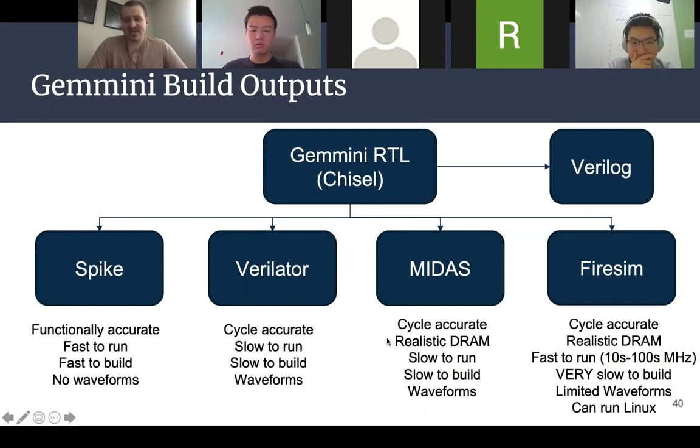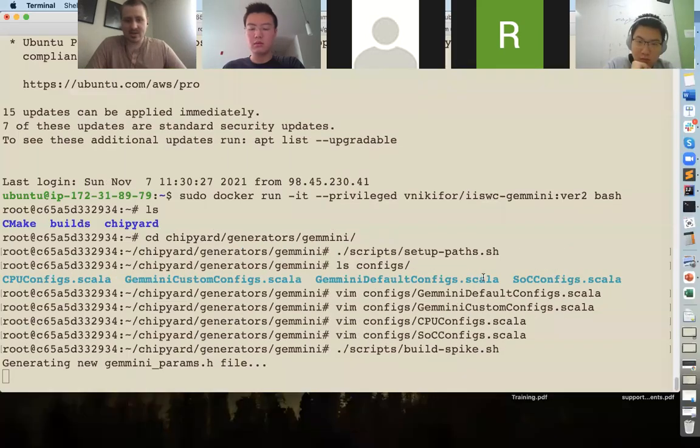The only difference is when the SoC reads outside of the cache hierarchy and needs to access DRAM. That's the only part where it's not realistic. So that's where Midas comes in, which builds on top of this, and FireSim builds on top of Midas to accelerate these simulations.